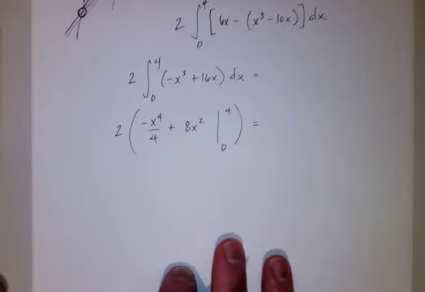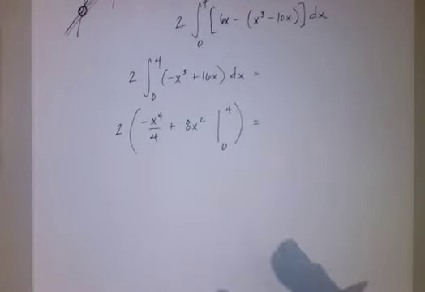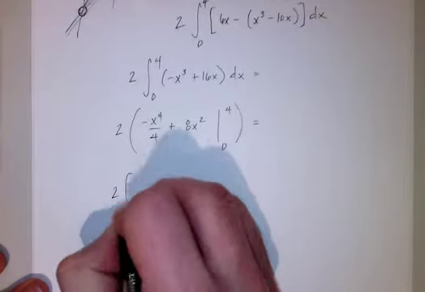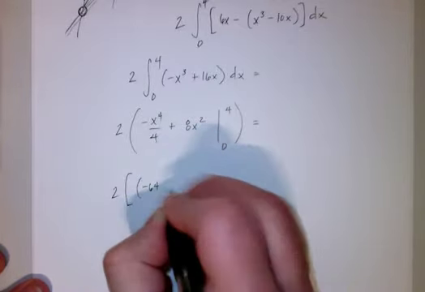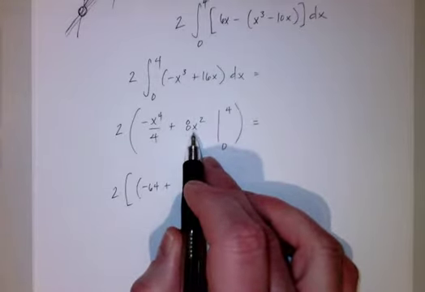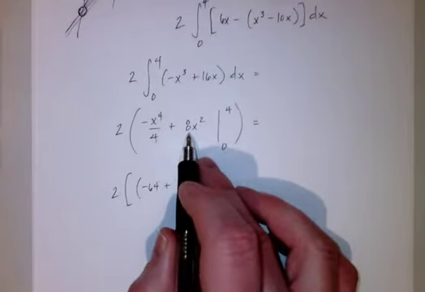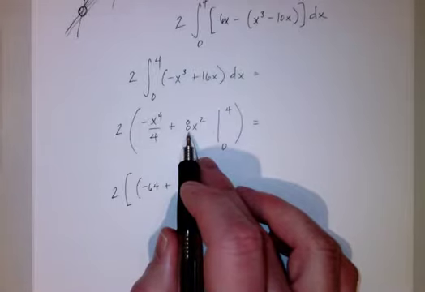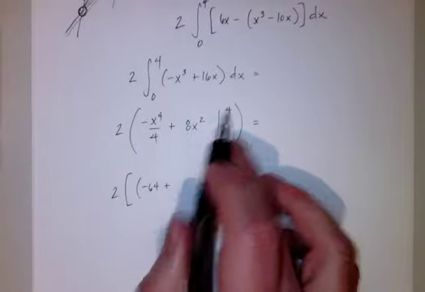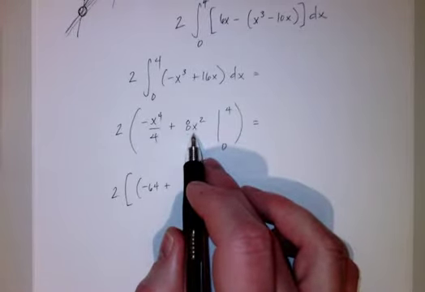If I go ahead and plug in 4, 4 to the 4th is what? Well, I know it's 4 to the 4th over 4, which is 4 to the 3rd, which is easier to think of in your head. It's 64, right? So we have 2, and we know that it's negative 64 plus, well, when 4 gets squared, it's 16. 16 times 8, and if you don't want to figure that out the long way, that's 2 to the 3rd. 16 is 2 to the 4th, so that's 2 to the 7th.